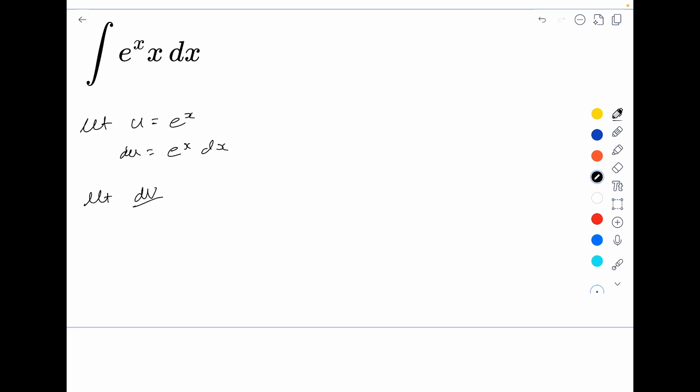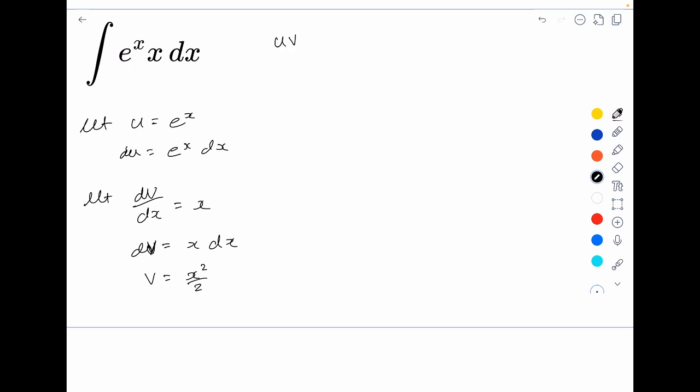Let dv by dx equal x. dv is therefore going to equal x dx. Okay, so v is going to equal x squared over 2, right?